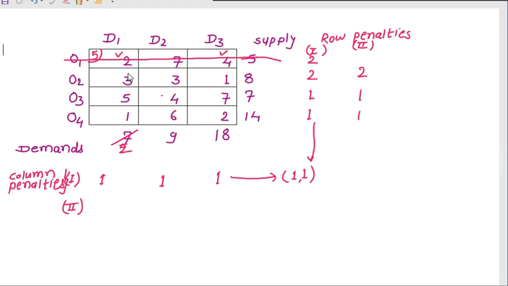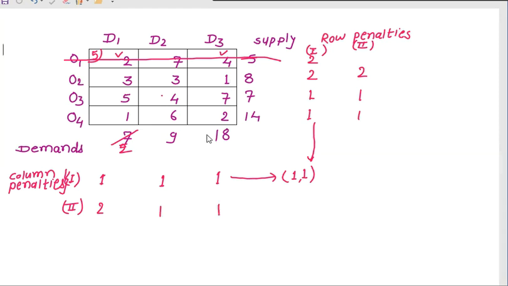Column penalties. First column, the difference between the lowest and second lowest is 1, second lowest is 3, 3 minus 1 is 2. Now here in the second column, lowest entry is 3, second lowest is 4, 4 minus 3 is 1. Here the lowest entry is 1, second lowest is 2, 2 minus 1 is 1.